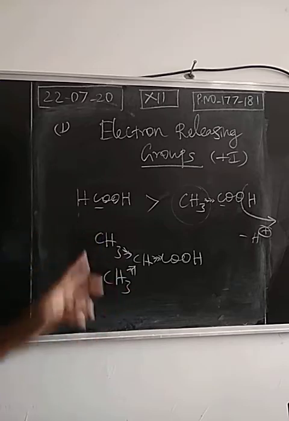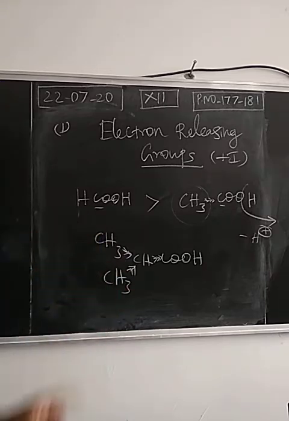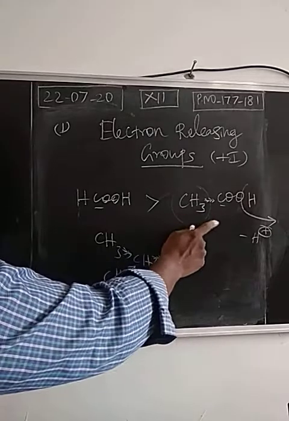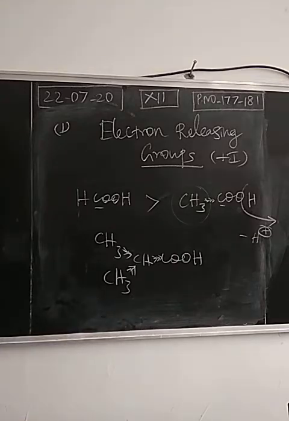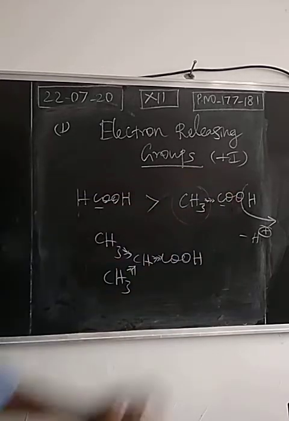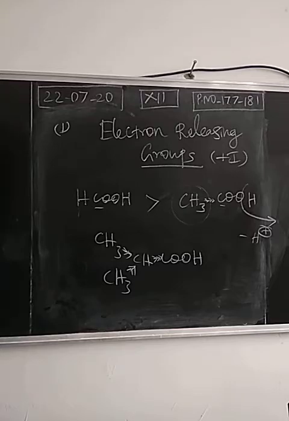So as a total, we have a larger electron releasing group. So hydrogen cannot easily leave as H plus. So comparing with acetic acid, this is a weak acid. So if an electron releasing group is attached to the carboxylic acid group, plus I effect will be predominant. Hydrogen will not leave as H plus. So acidic nature decreases.